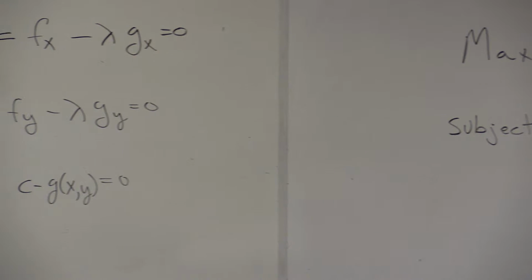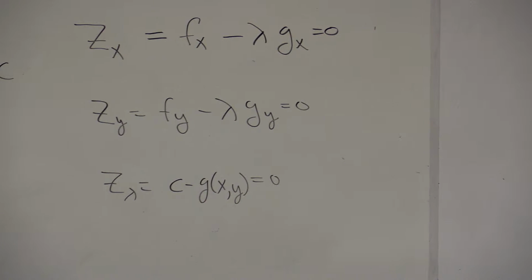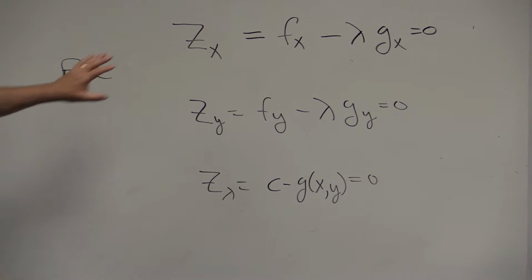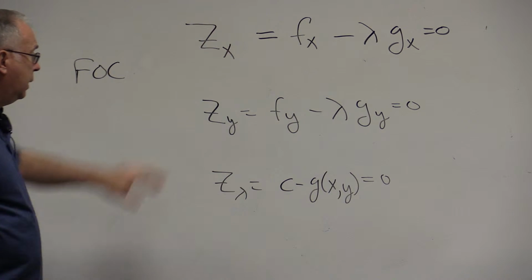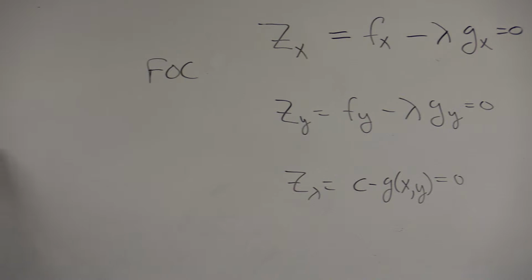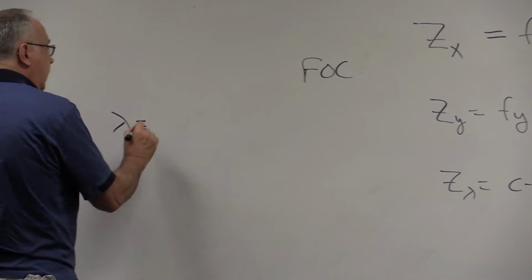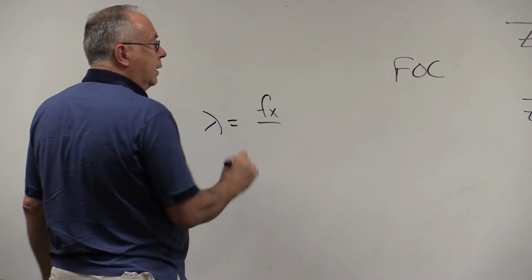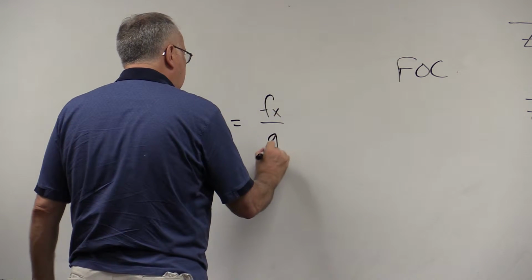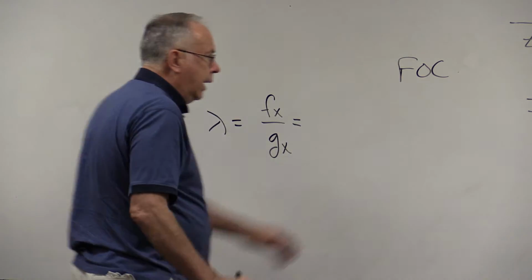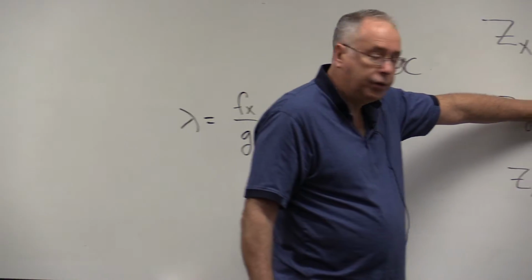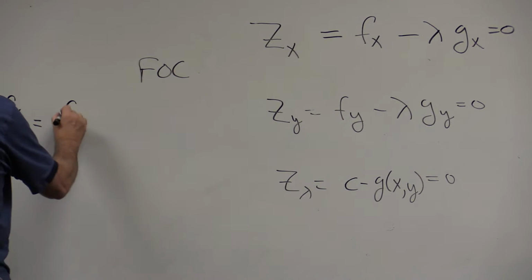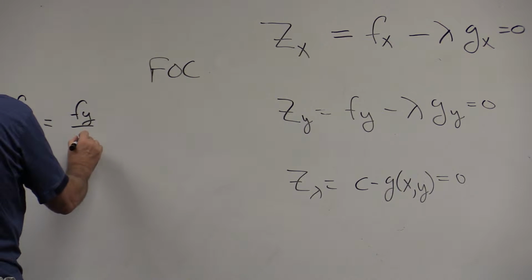Okay. So the easiest way to solve these is just to take these two conditions and solve for lambda. And you get lambda equals f sub x divided by g sub x. And from this equation here, from this first order condition, you get lambda is f sub y divided by g sub y.